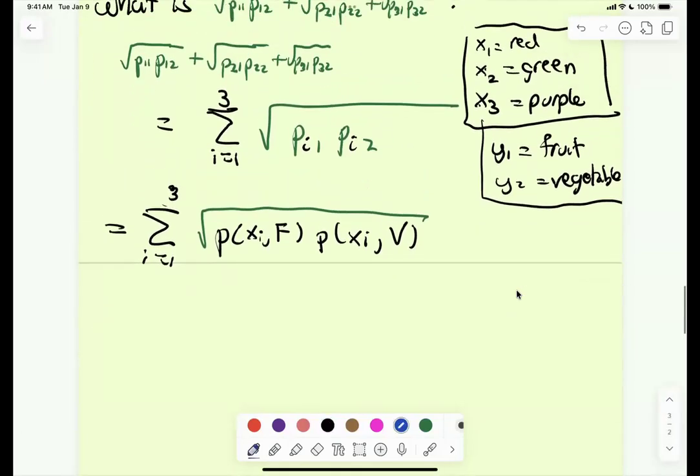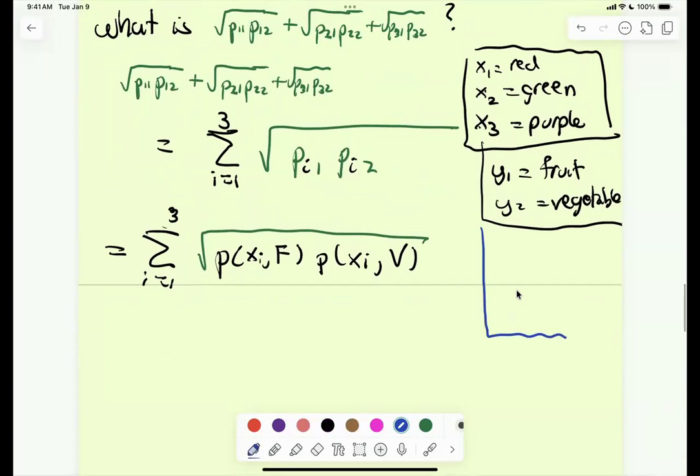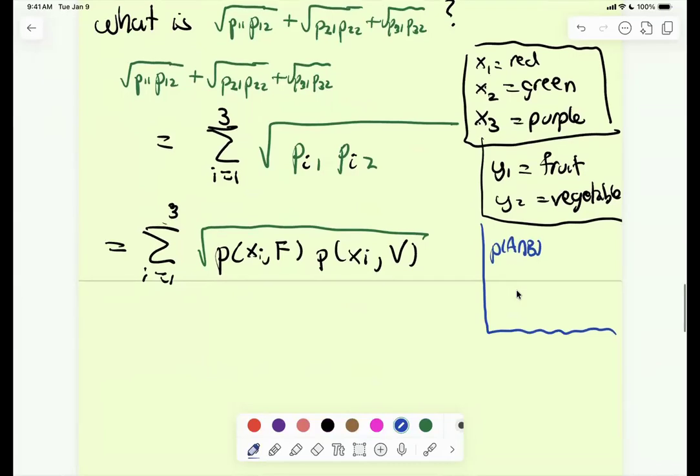I'll use it in the version where the probability of A... By the way, the intersection is sometimes just written as a comma, which is what I mean here. I just mean a color and the fruit, or the color and the vegetable. So a comma or the intersection symbol means the same thing in this case.